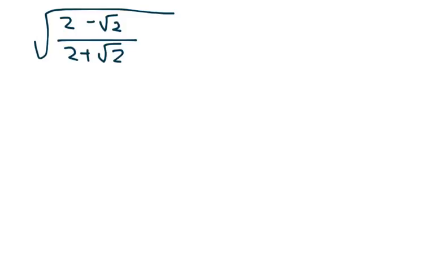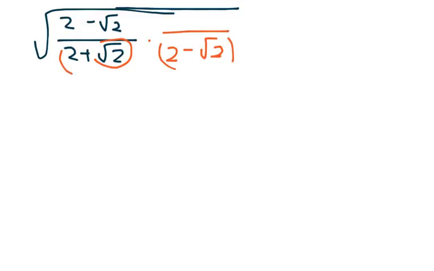I'm going to rationalize the denominator by multiplying by the conjugate, because I have a radical right here. So I'm going to multiply this by 2 minus root 2, and if I multiply by the conjugate in the denominator, I also have to multiply it in the numerator.